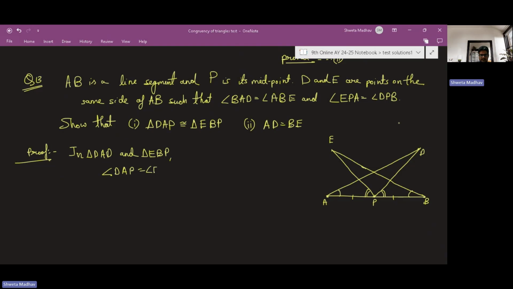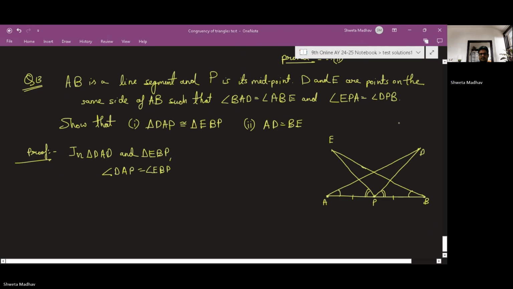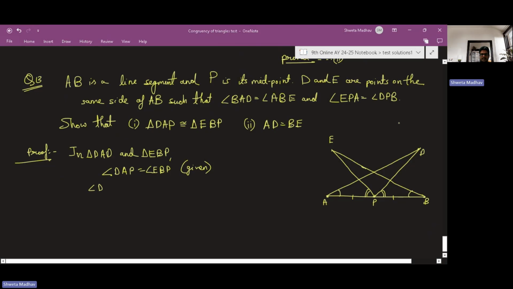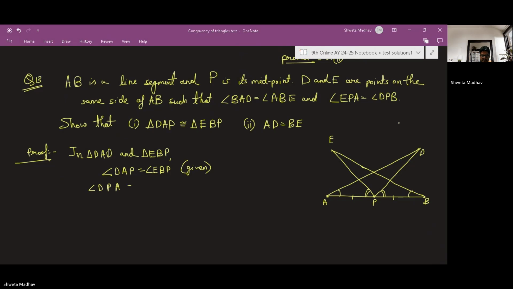Angle DAP is equal to angle EBP, since it is given that angle BAD is equal to angle ABE. And angle DPA is equal to angle EPB also, since angle EPA is given equal to angle DPB.